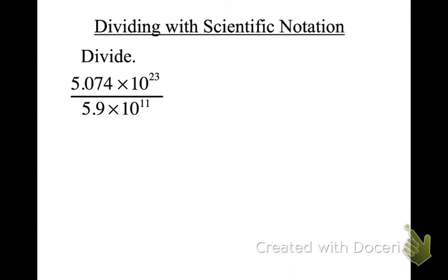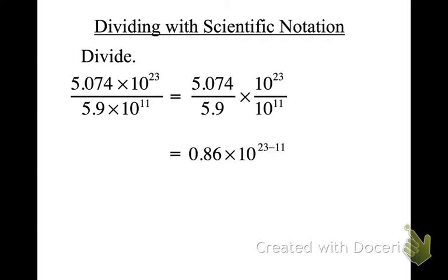Okay, let's try another. Divide. Now, I would say it's okay if you're hand dividing 5 74 thousandths by 5 9/10 with a calculator, but you've got to know what to do with that.